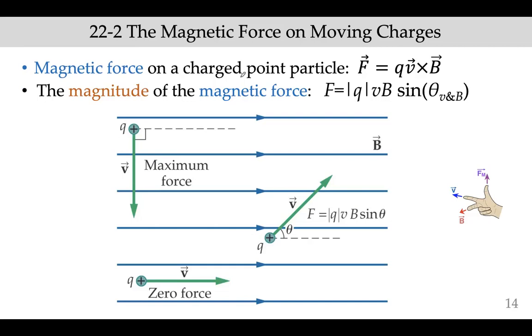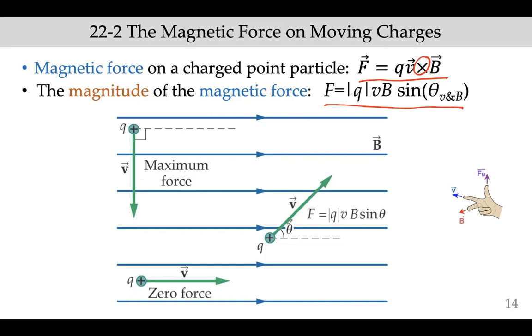So, the magnetic force on a point charge, we learned this would be the formula. If you're not interested in the direction, but just the magnitude, it will be this. The cross product would produce sine. Remember, we had dot product for the electric fields or for other things. When you have dot product, you have cosine, but for the cross product, you have sine.